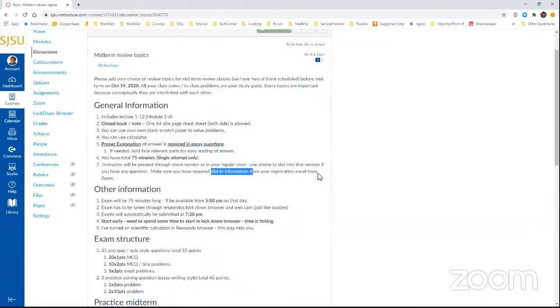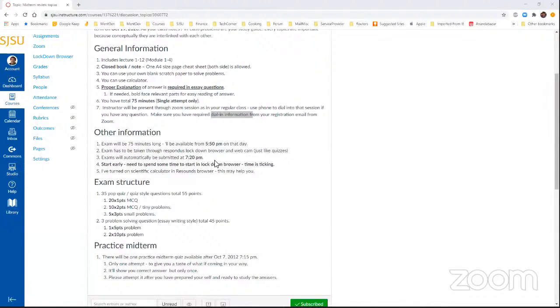In that email, you will find the call-in information where you can dial into an 800 number, enter the meeting ID, and be connected through audio into the Zoom session so that you can ask me specific questions. Is that clear for everyone? I hope so.